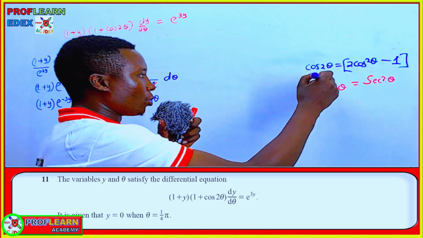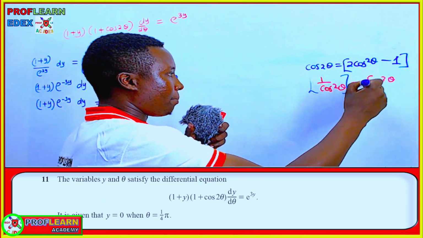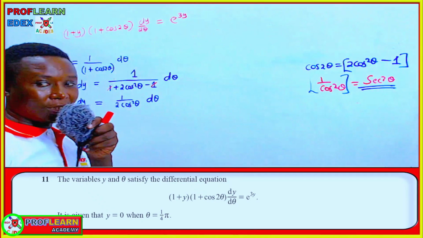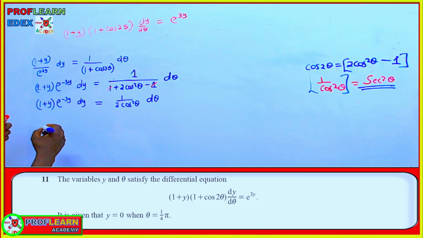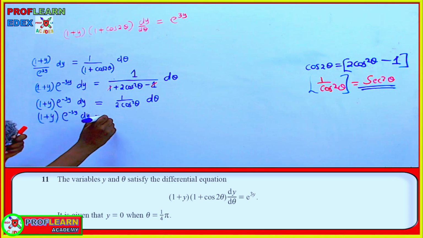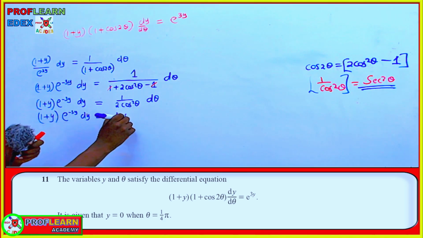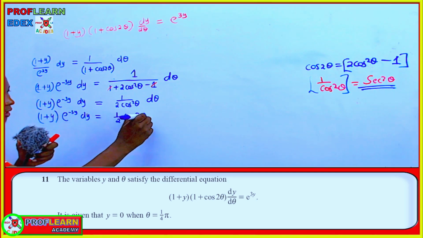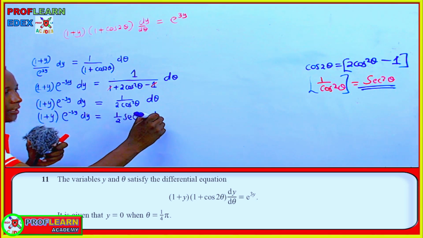So I can convert this to a part that you can find its integration. So therefore, (1 plus y) e to negative 3y dy is equal to 1 over 2 sec squared theta d theta.